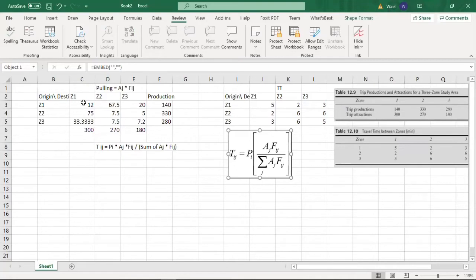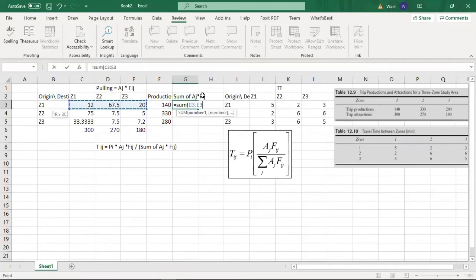Here we calculated the top part, the F. Now we need to calculate the summation, that's the sum of AJ multiplied by the friction IJ. So this will be the sum of these values.